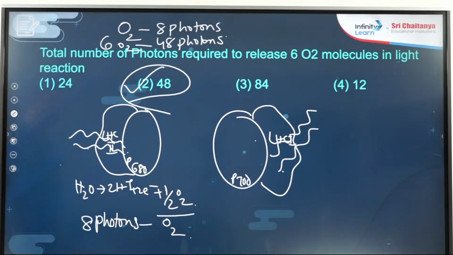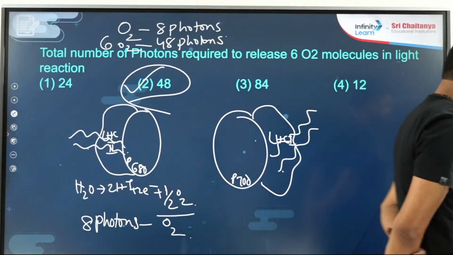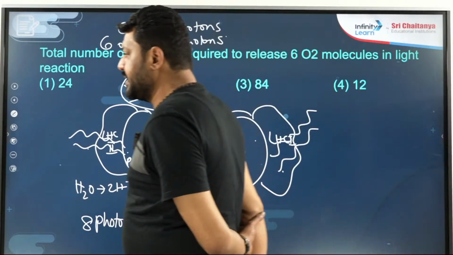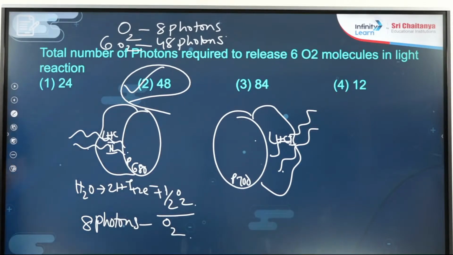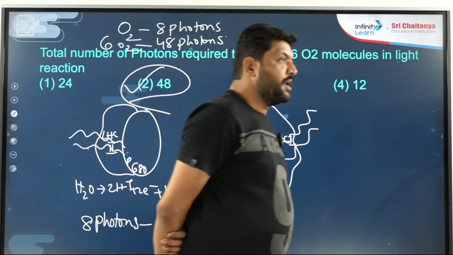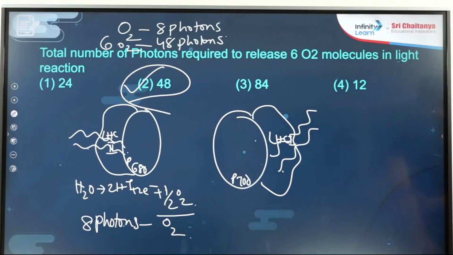The question can be asked in different ways. Total number of photons of light required for the release of 6 O2 molecules: 48 photons. Total number of photons required to operate non-cyclic electron transport in light reaction: again 48 photons.